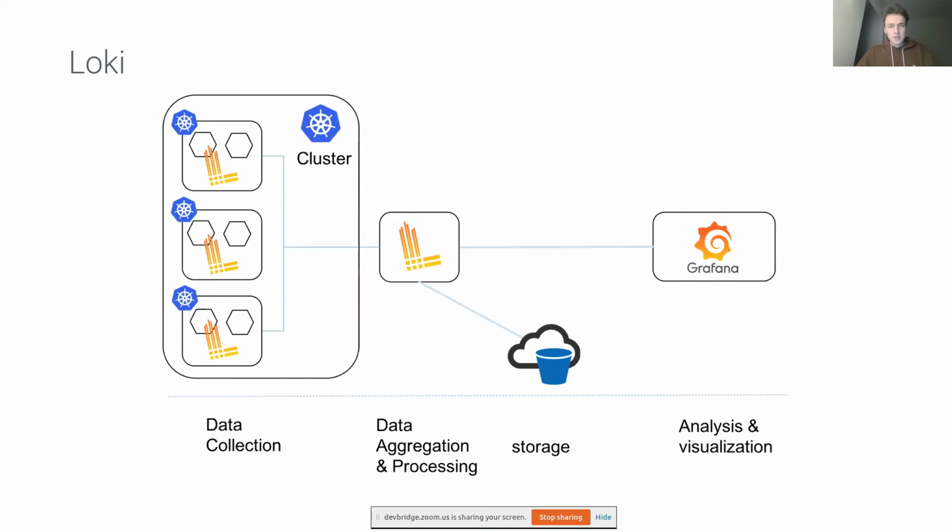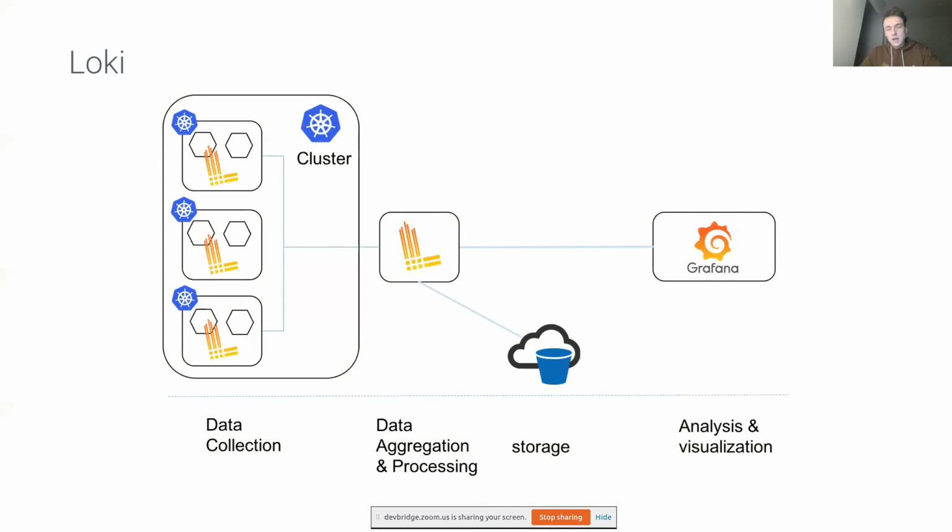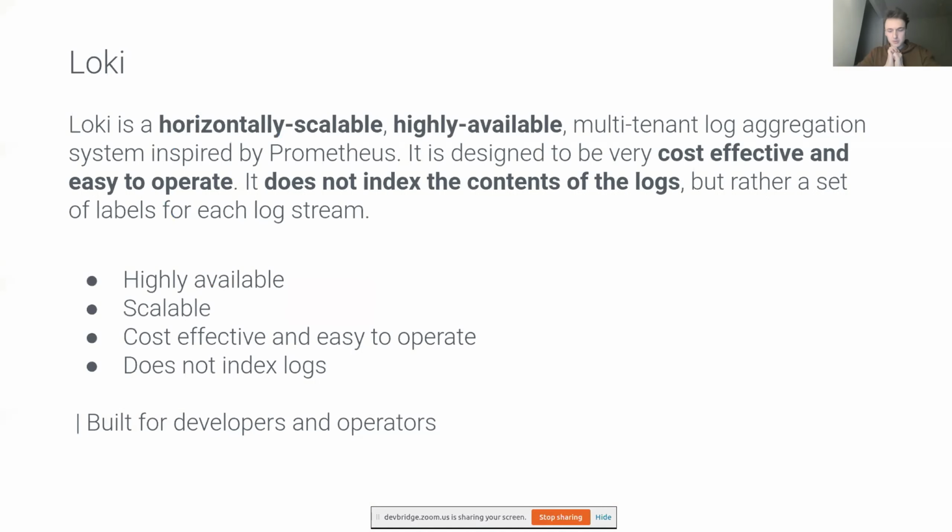I'm gonna dig deeper into Loki features and try to explain how Loki was designed and how it is able to live in this kind of infrastructure. So, Loki features. Loki was first released in 2018, inspired by Prometheus.